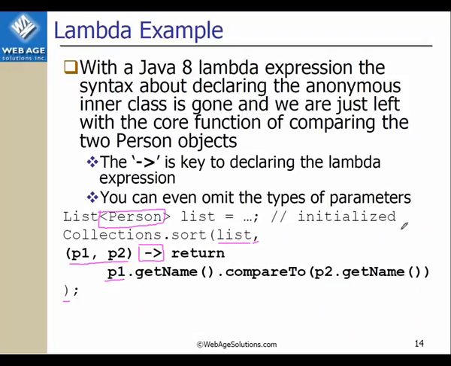That's why we can leave off the types of these parameters and just give them names in the Lambda expression, because the types can be inferred from the definition of the comparator interface that we need to do the sort method. All right, so much simpler.